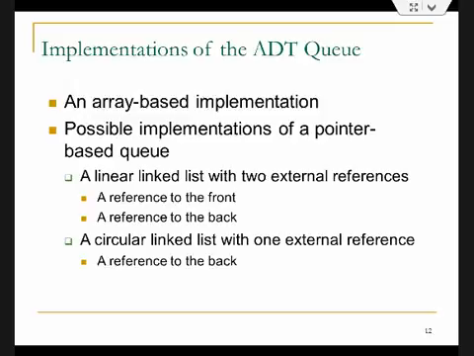But with a queue, you want to add to the back and pop from the front, or alternatively add from the front and pop from the back. So that is why we need a reference to the front and a reference to the back. Another way is to have a circular linked list with one external reference. So you have the reference to the back, and then you just join in a circle.